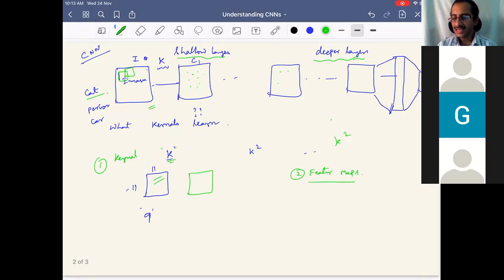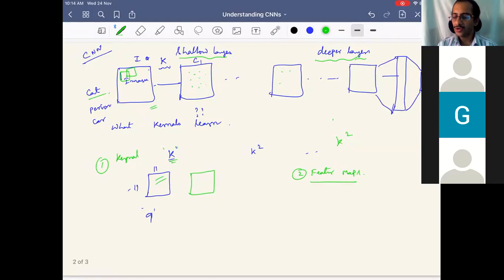Because as you can see, at the pre-final layer we are using only the features, and then we are trying to give the labels. So the feature maps at the deeper layers will have a very important role in decision making, and these feature maps usually also represent some of the important aspects that they are learning.